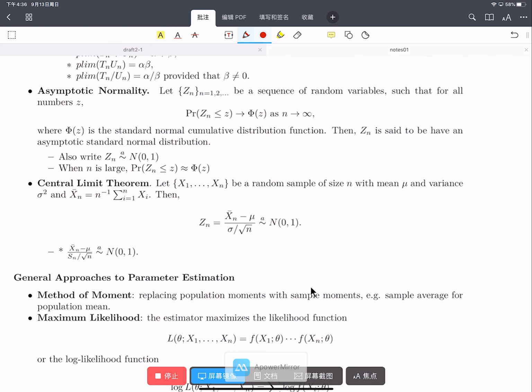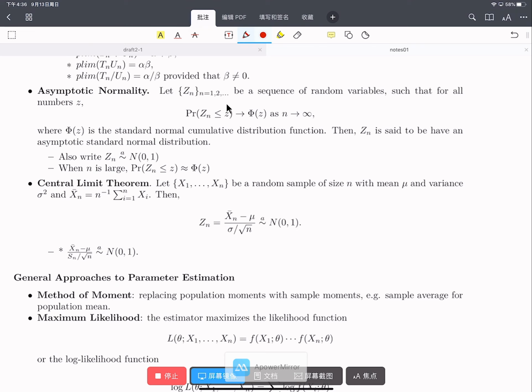Another large sample property is called asymptotic normality. This is related to the so-called central limit theorem, which is very powerful. Suppose we have a sequence of random variables. An example is a sequence of random samples.